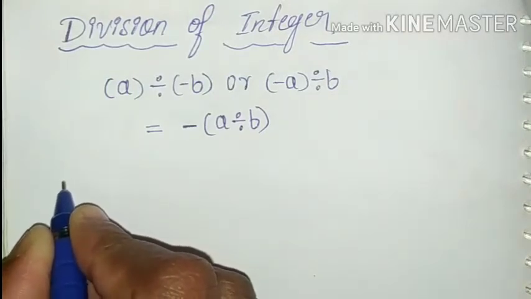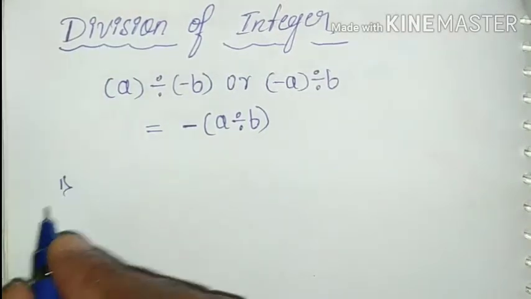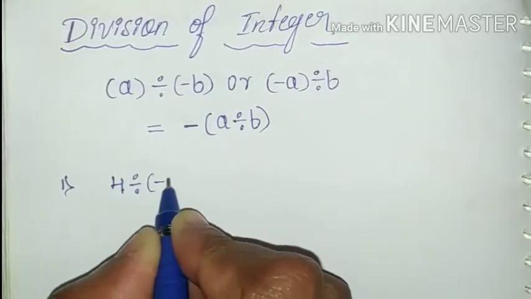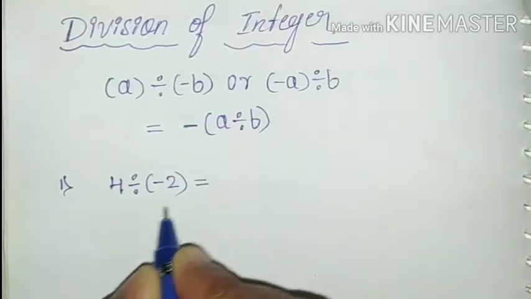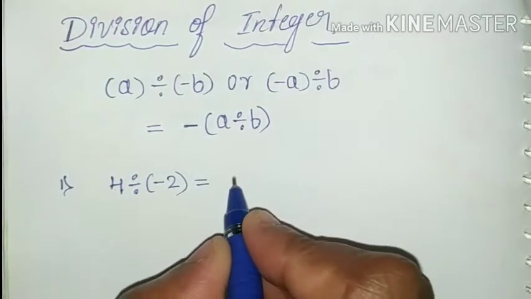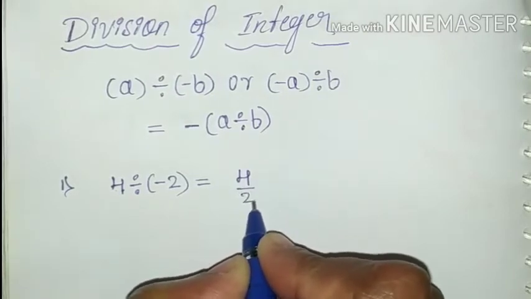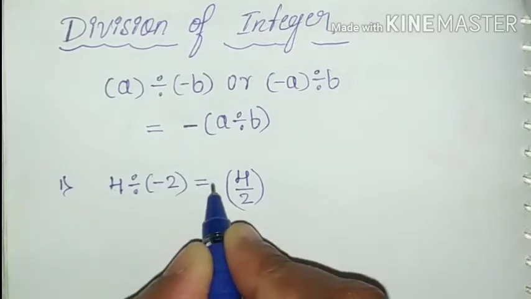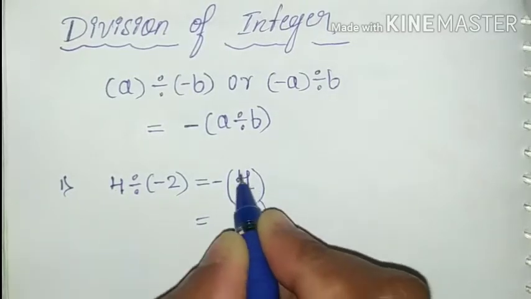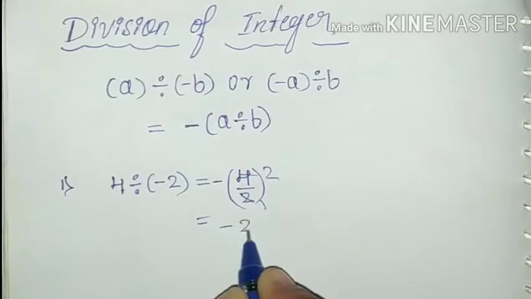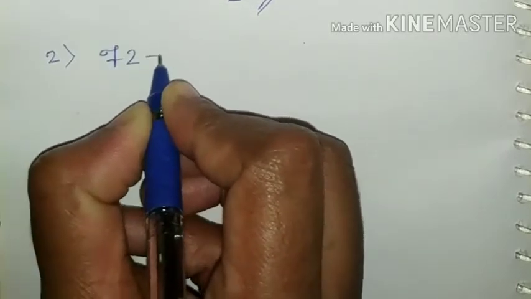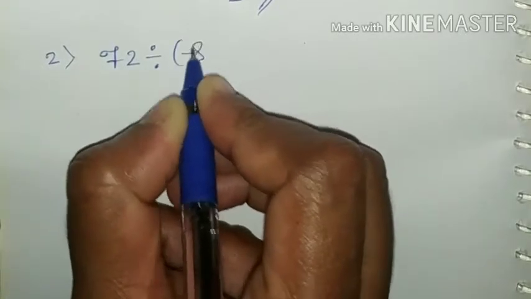I will solve some examples one by one. First example, 4 divided by minus 2. First we have to divide them as whole, 4 by 2, then put a minus sign before the quotient. 2 ones are 2, 2 twos are 4, so minus 2. Second example, 72 divided by minus 8.